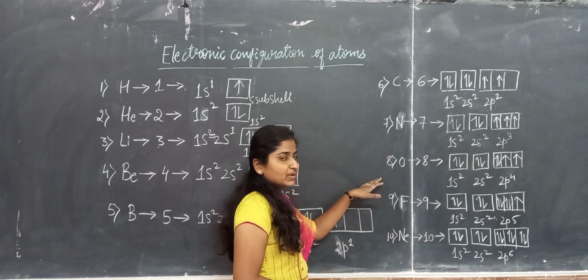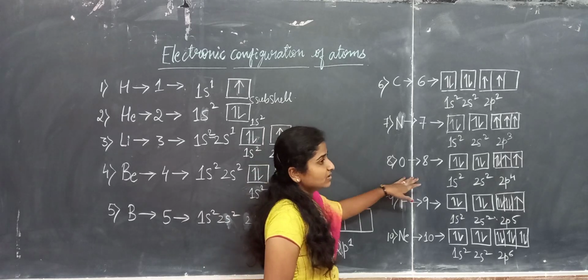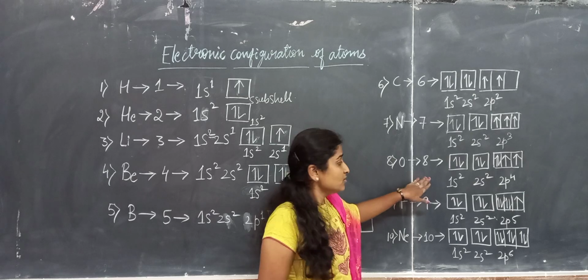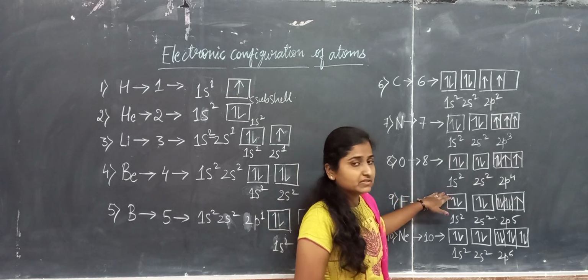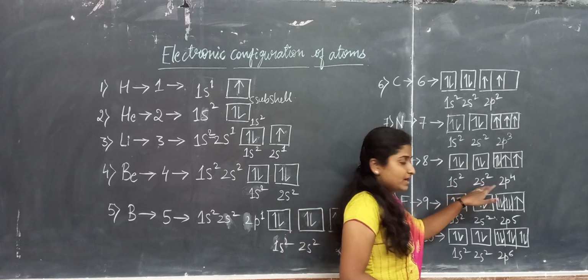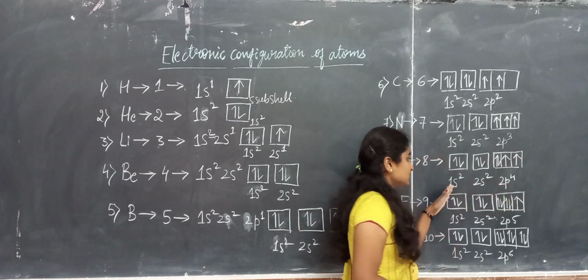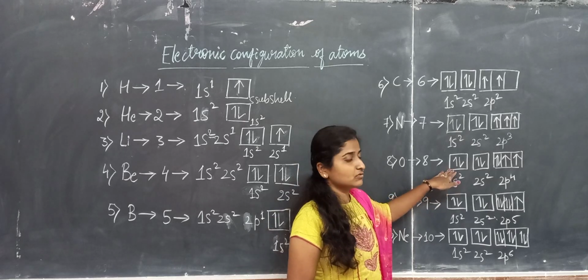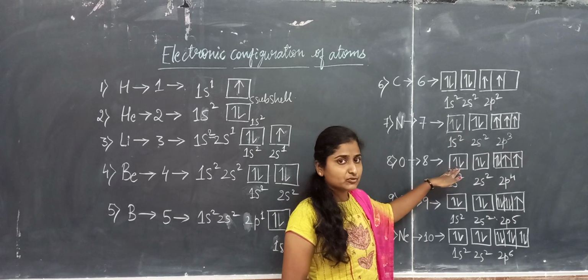The next example is oxygen. Here we have 8 electrons in the atomic orbitals of oxygen. So the electronic configuration may be written as 1s2, 2s2 and 2p4. The two electrons in the 1s orbital enter the 1s atomic orbital with opposite spin.